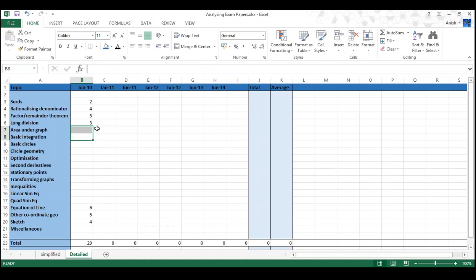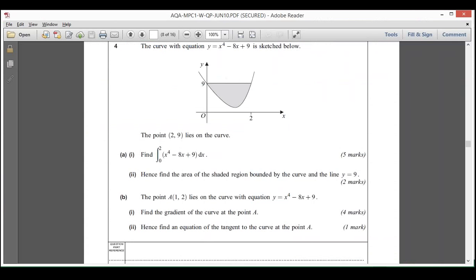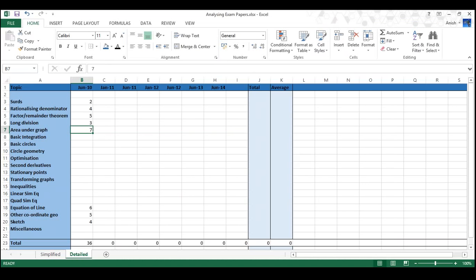So should I go straight, should I do that? Or should I do 5 marks for basic integration and then 2 marks? Should I do 5 there and 2 there? What do you guys think? What would you prefer? 5-2 or 7-0?